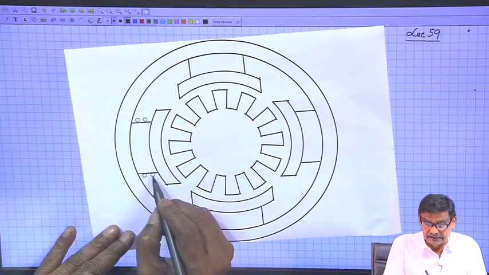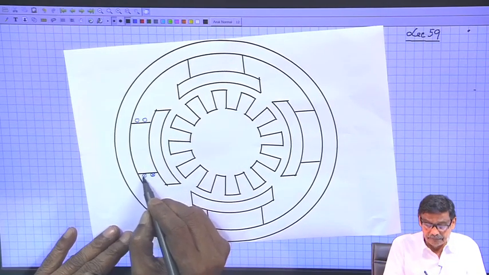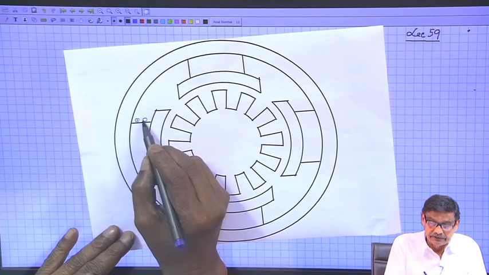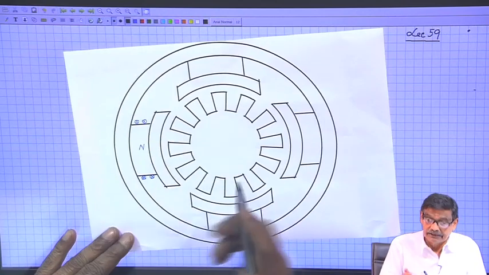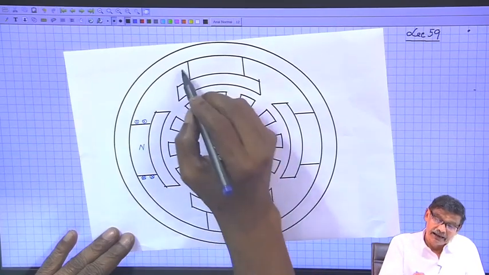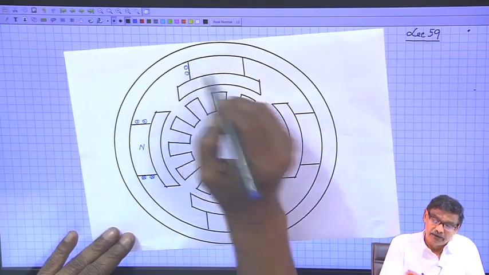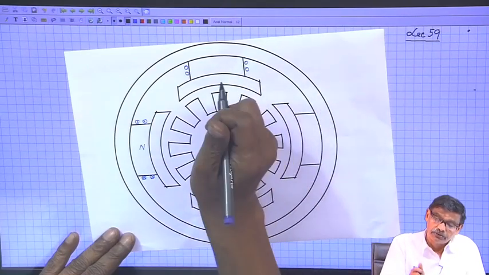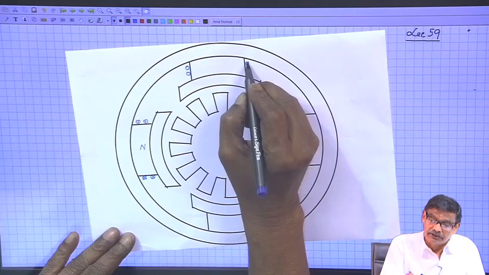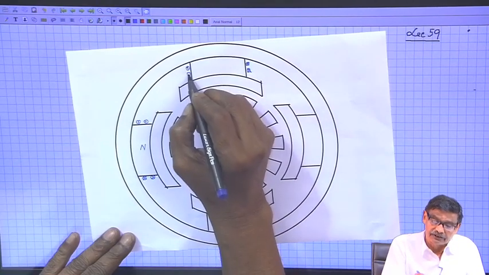Suppose this carries cross current and this carries dot current, then this becomes a north pole. Similarly, there will be coils around the other poles as well, and I want to create a south pole. So, the current distribution in this coil should be this cross, this dot.